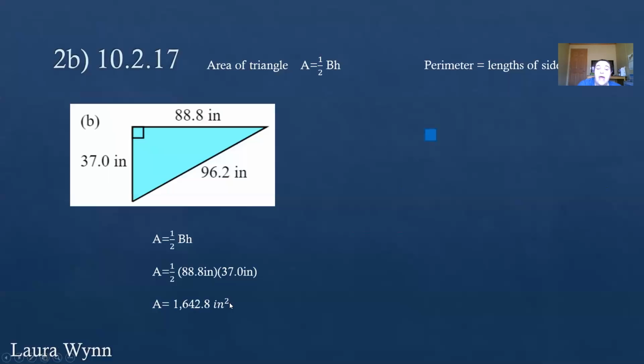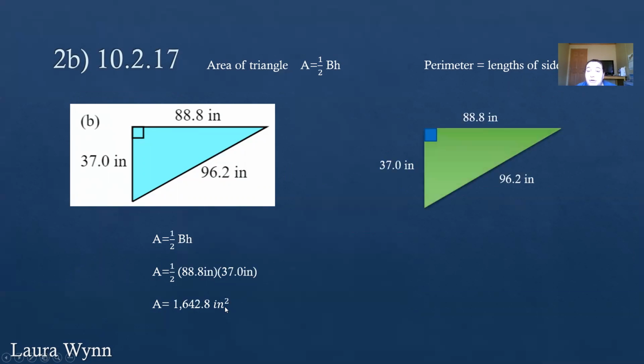Multiply them together and it gives you 1,642.8 inches squared. Now do not forget the squared part, because when you multiply an inch by an inch, it's going to square it. Now the perimeter is just the outside. So all the lengths of the outside of the triangle, you add those together and it's going to give you 222 inches. Now since you're not multiplying, it's not going to be squared. It's just plain old inches.